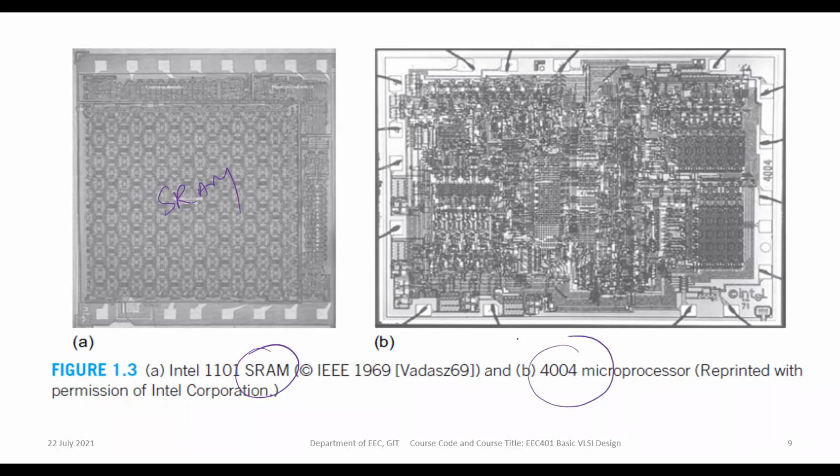Four billion transistors, and more numbers of transistors, people realize in these particular ICs. This is an IC with an area of some millimeter by millimeter, and these many transistors they are able to achieve.